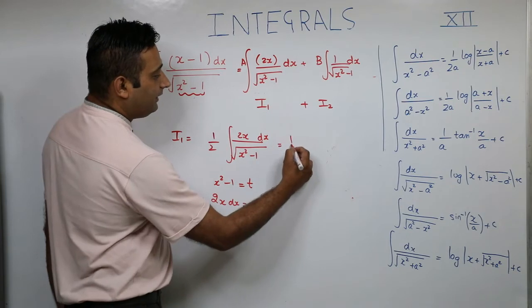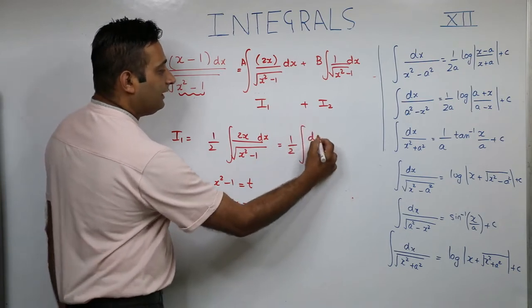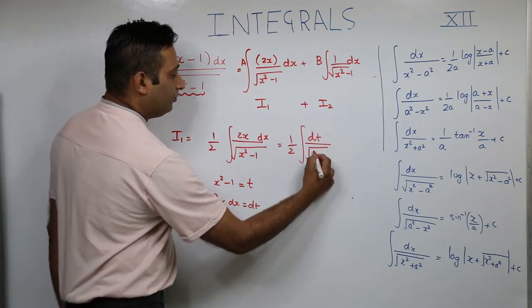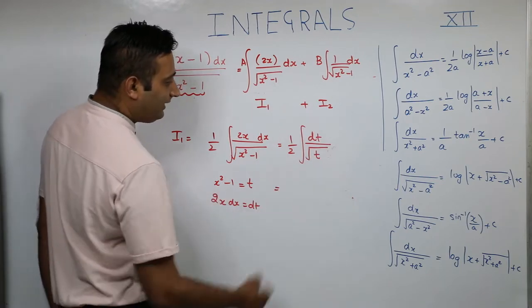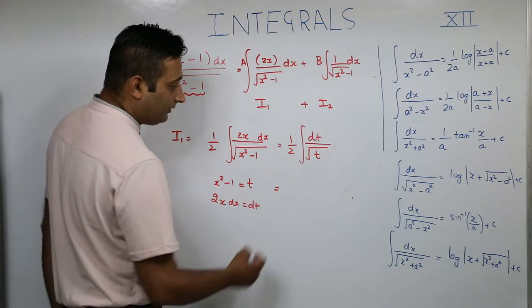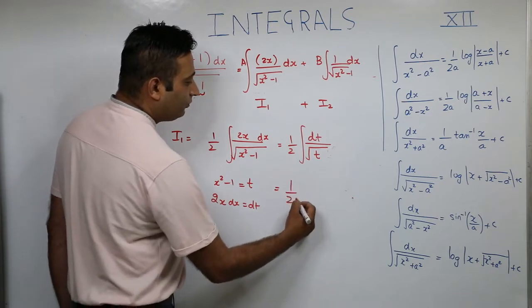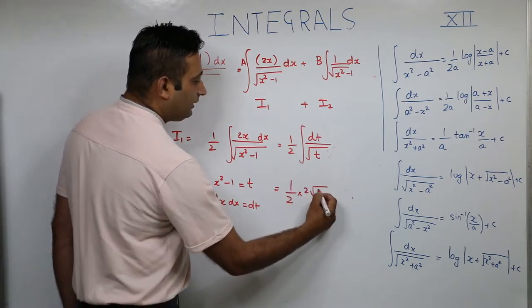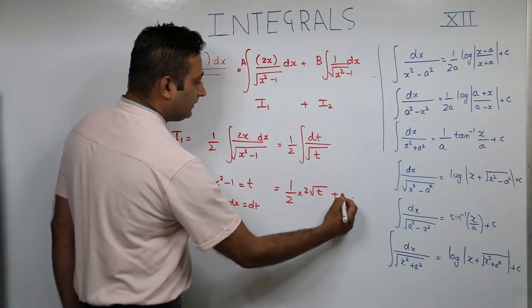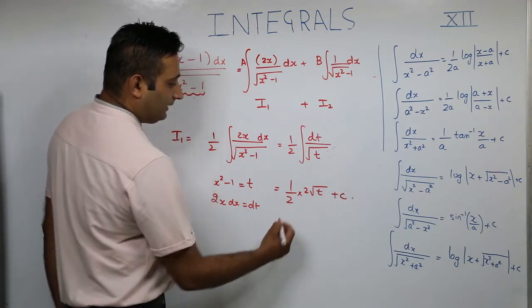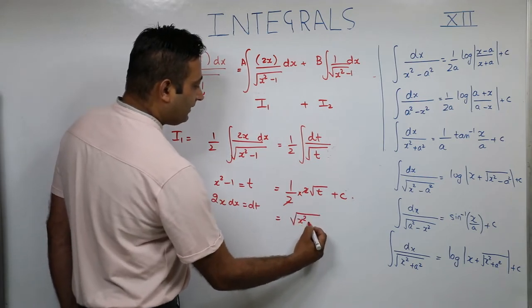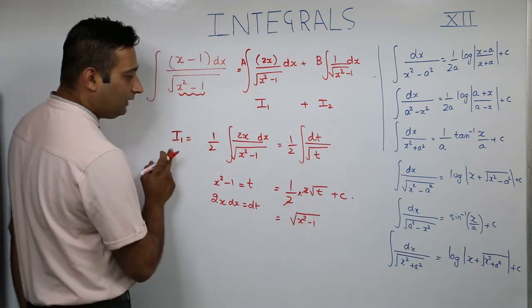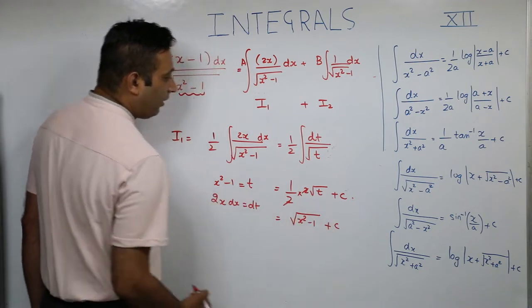That means this will be reduced to a form dt by under root t. Now the standard integral can be followed here, that is 1 by 2 root t plus c. So the answer would be root t, where root of x square minus 1 will be the answer of I1 plus c.